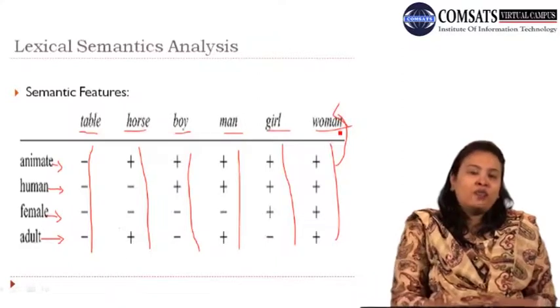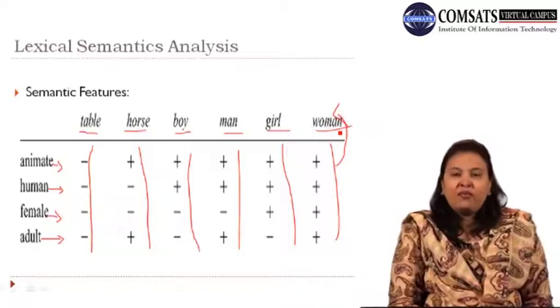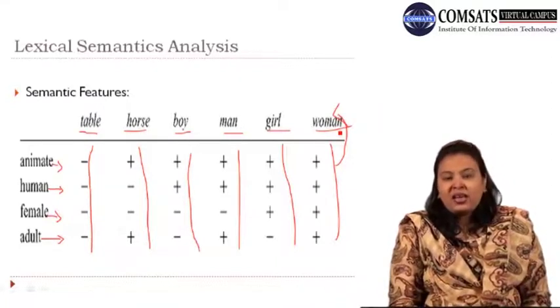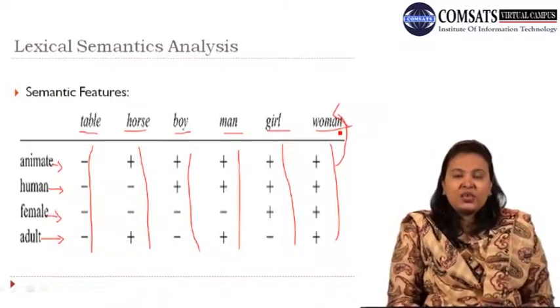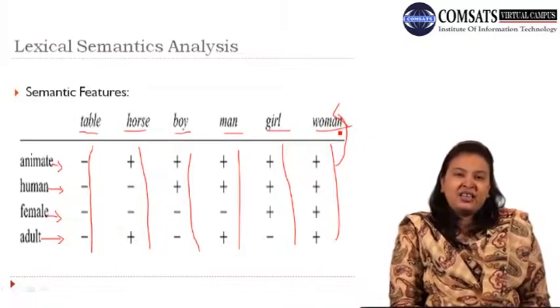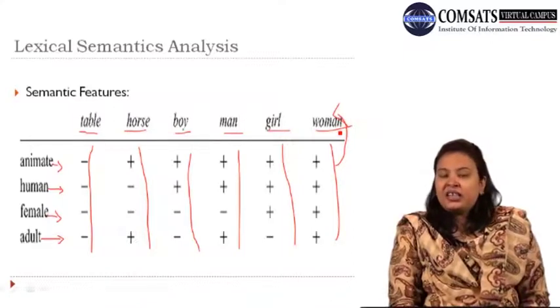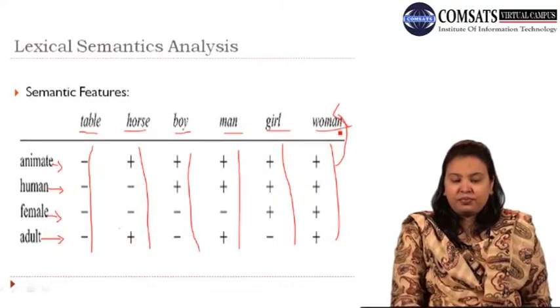If I want to define a woman, I would say a woman is animate, human, female and an adult. A man is animate, human, male, adult. This way we have the meanings contained inside these words, and such meanings contained inside words are known as semantic features.